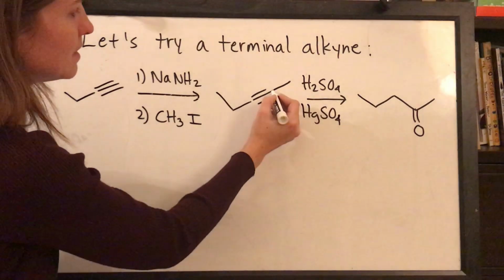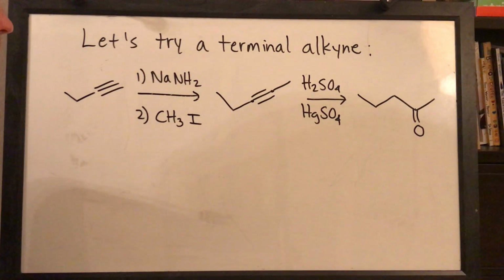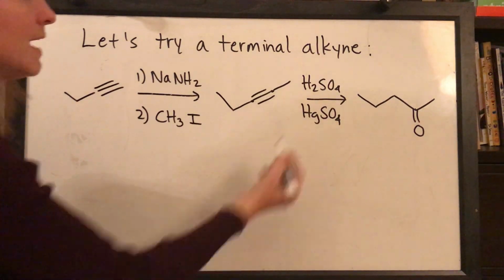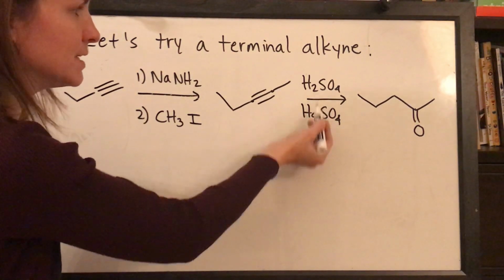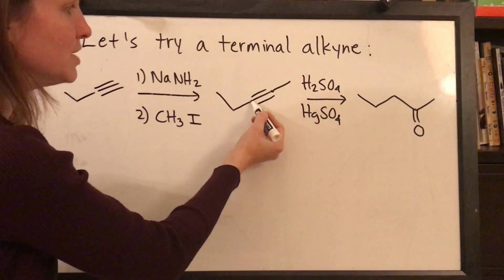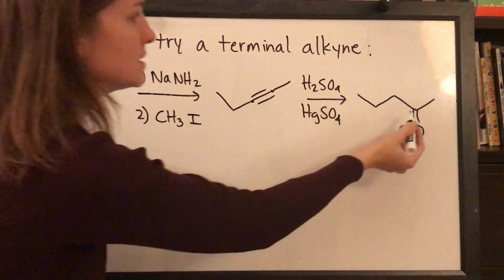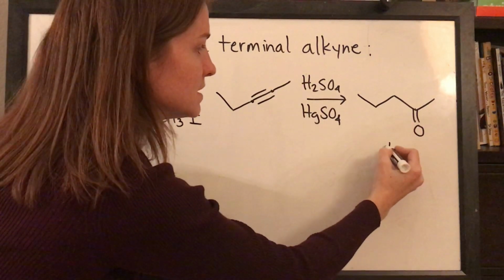But the problem is that both sides of this triple bond are equally substituted. And so the fact that this gives Markovnikov addition or anti-Markovnikov addition doesn't really matter. We're going to end up getting the OH group adding to either carbon, and then after it tautomerizes, we're not going to get exclusively this ketone.